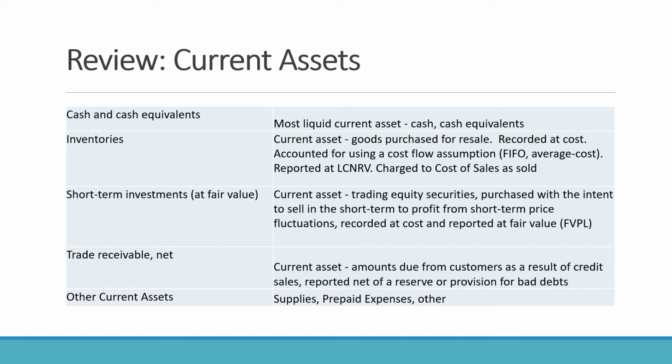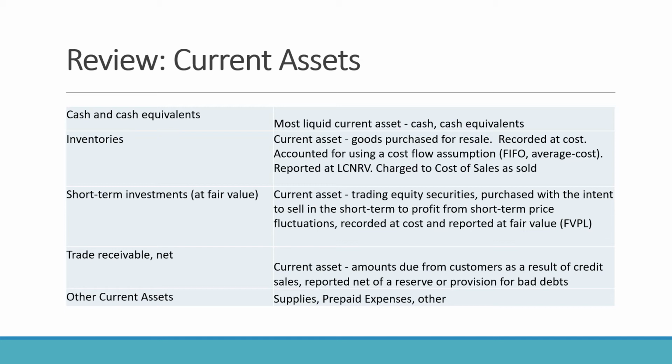All right, so other current assets: supplies, where we've gone out and purchased various types of supplies. If you pay for an expense that benefits the current period, you're going to record it as an expense. But if you prepay your expenses so that the expenditure is going to benefit future periods as well as the current one, then you're going to record that as a prepaid expense.